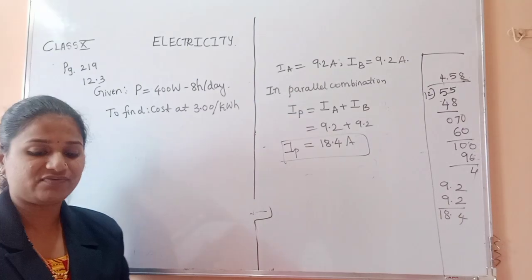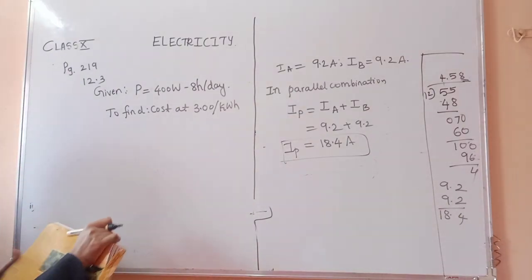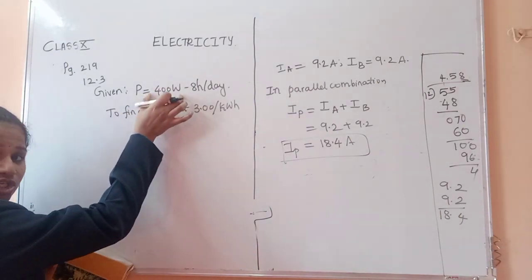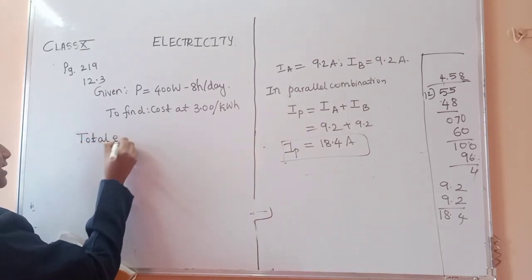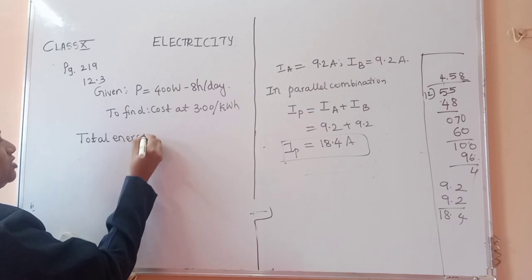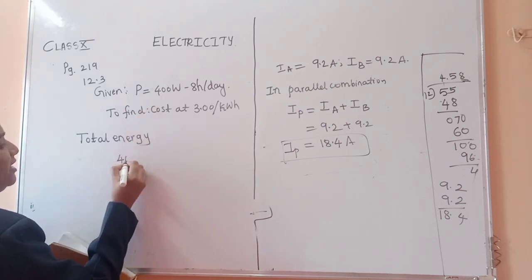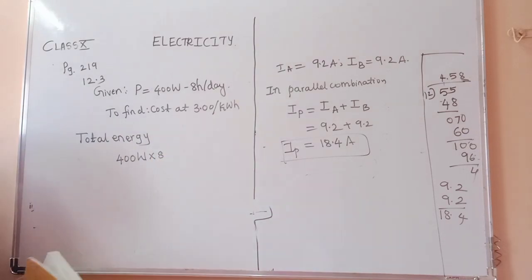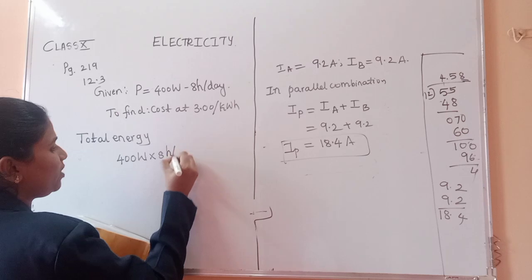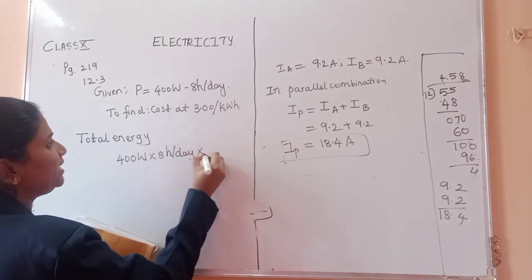First, what we have to write? We have to write the total energy. First we have to find the total energy, guys. So the total energy means what? 400 watt, which operates 8 hours per day, into how many days we want?